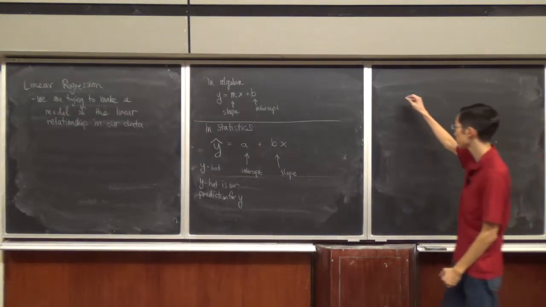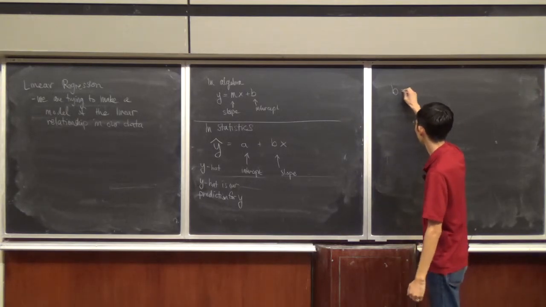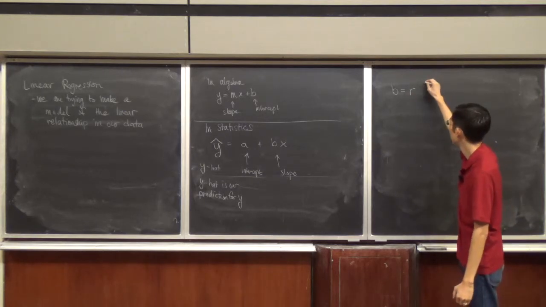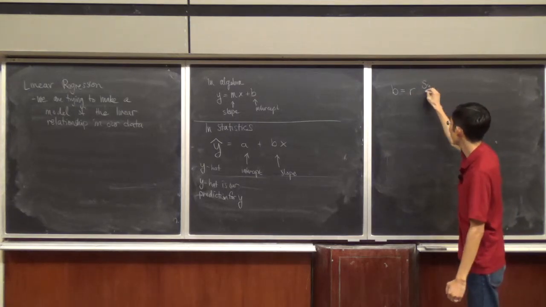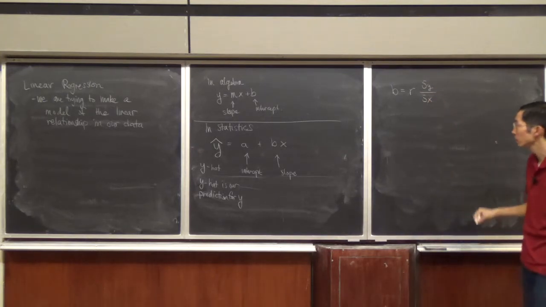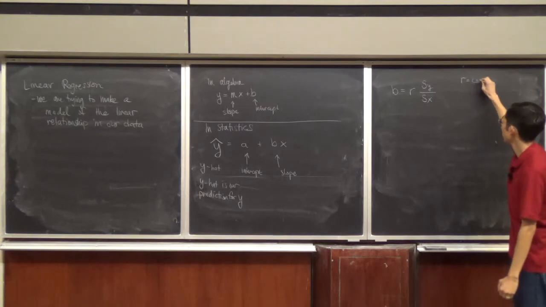To calculate the slope, b is equal to the correlation coefficient r times the standard deviation of y divided by the standard deviation of x. R is the correlation, we already know that.